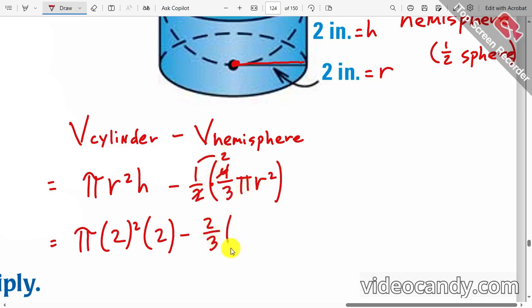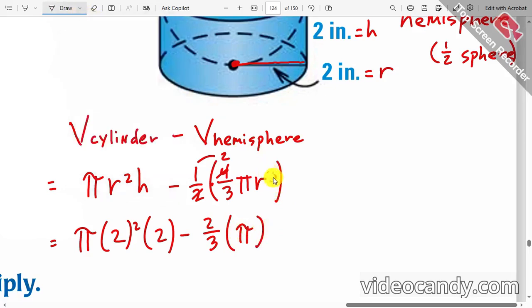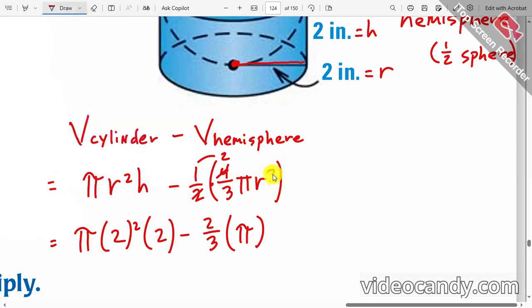And that's times pi. And r squared, nope, it's r cubed. That's the one mistake I made there. The volume for a sphere or hemisphere, that r has to be cubed. So r once again is 2 inches, so that's going to be times 2 cubed.